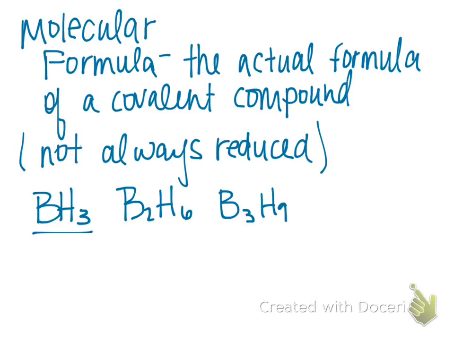So an empirical formula could be a molecular formula, but it's not always necessarily that they're the same. These are all examples of molecular formulas, but this is the only empirical formula in the bunch, because it's the smallest whole number ratio.